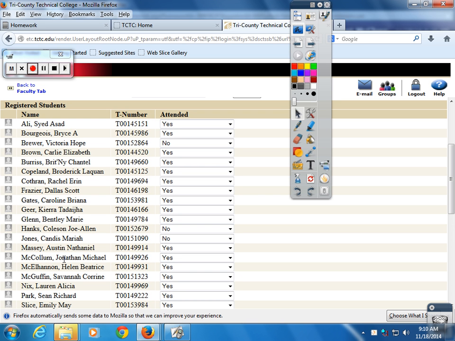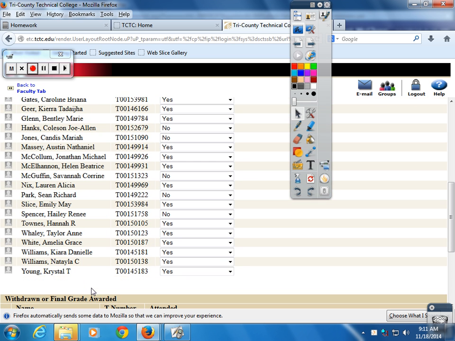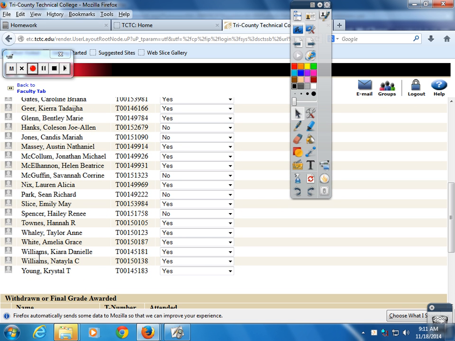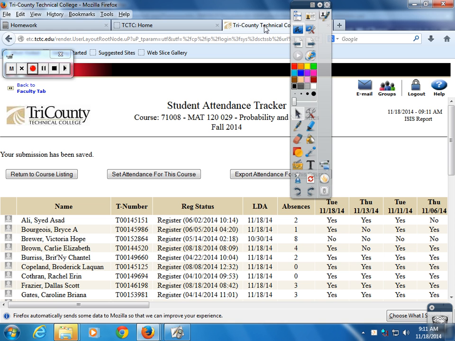Massey's here. McCollum. I thought you were. McElhannon's here. McGuffin. Nix. Here. Park. Slice is here. Spencer is not here. Towns is here. Whaley. White is here. My two Williams here. And Young. Okay, ain't got to worry about that now.